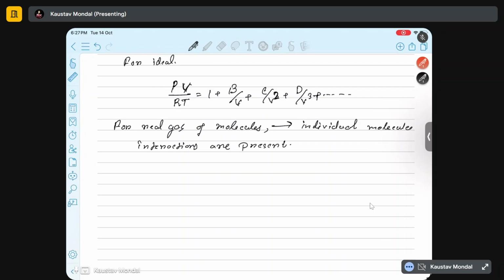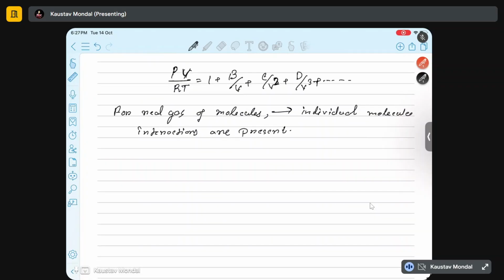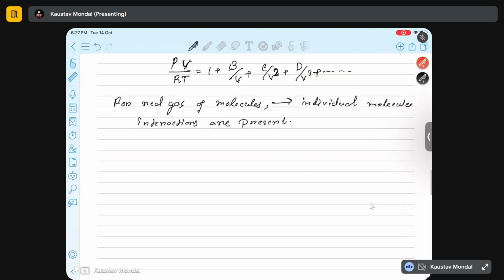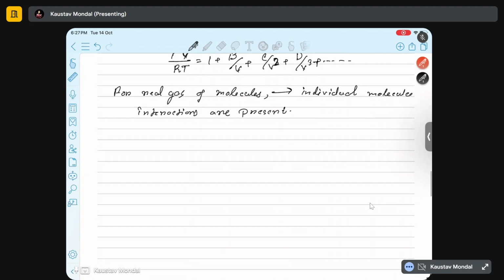Okay. So that means the canonical partition function basically factorizes into two parts. So thus in real gas, the canonical partition function Z has two parts.